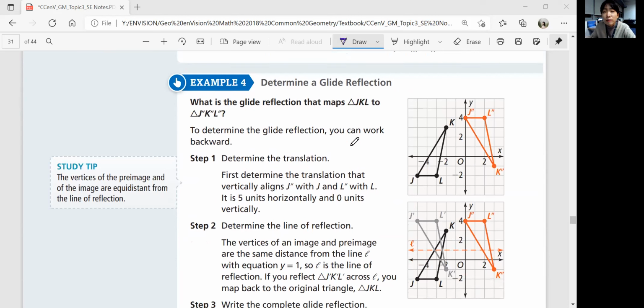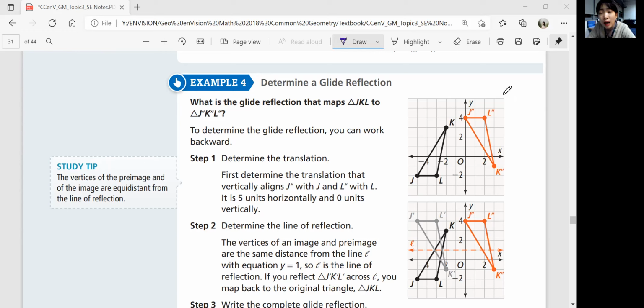What is the glide reflection? You want to define this transformation as glide reflection that maps your pre-image JKL to image J''K''L''. So first, you need to know that glide reflection is what? A reflection, and then a translation of the movement that is parallel to your line of reflection.